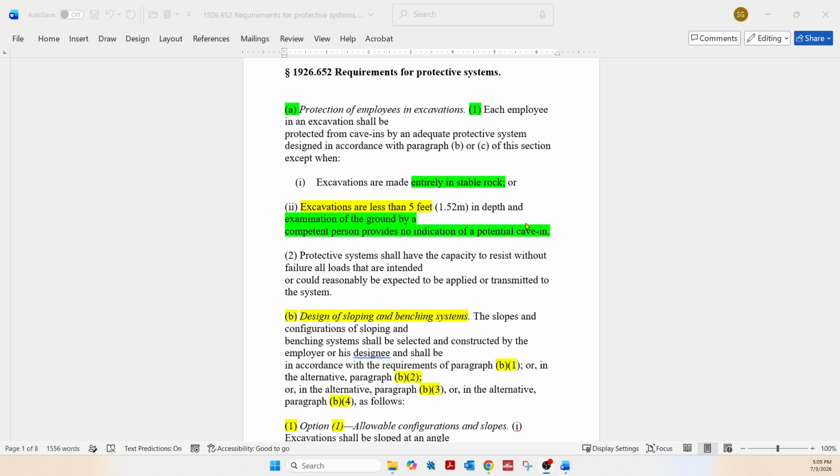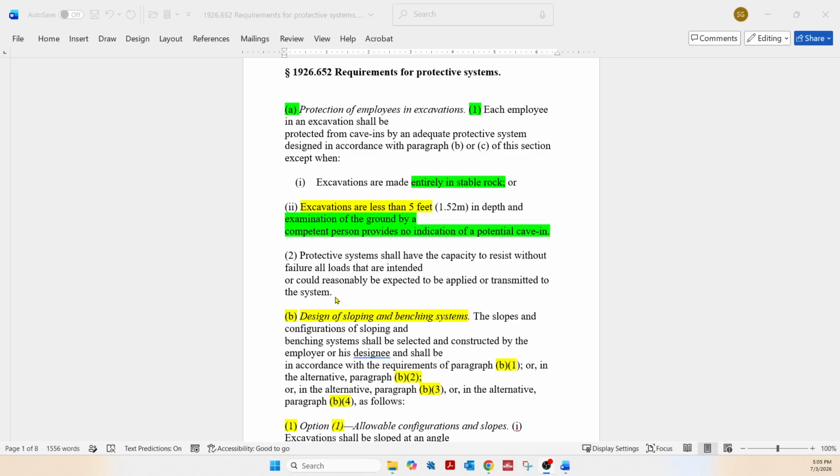Okay. Protective systems shall have the capacity to resist without failure all loads that are intended or could reasonably be expected to be applied or transmitted to the system.